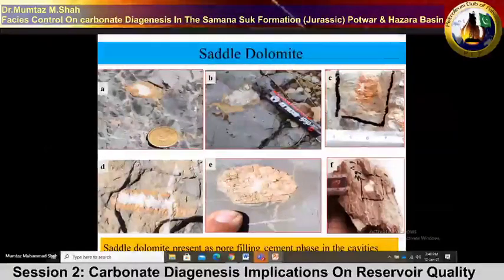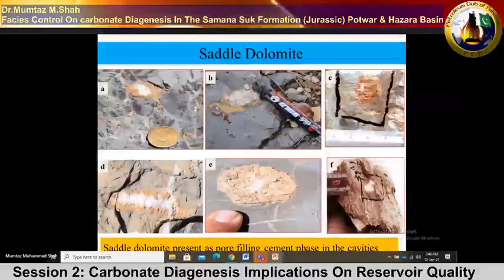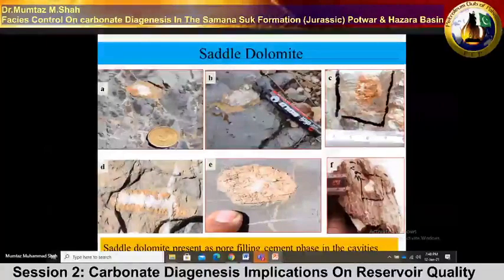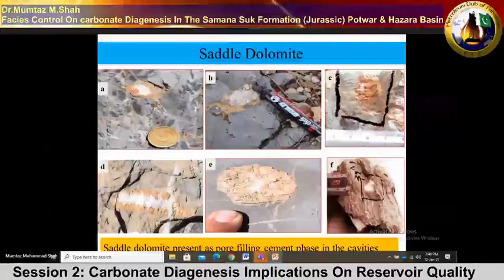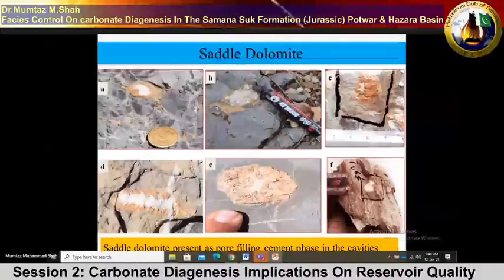So in our understanding, this late stage calcitization, which is highly depleted in terms of oxygen, as well as the saddle dolomites, played a role in occluding the porosity and permeability of these reservoirs. Yes, thank you very much.